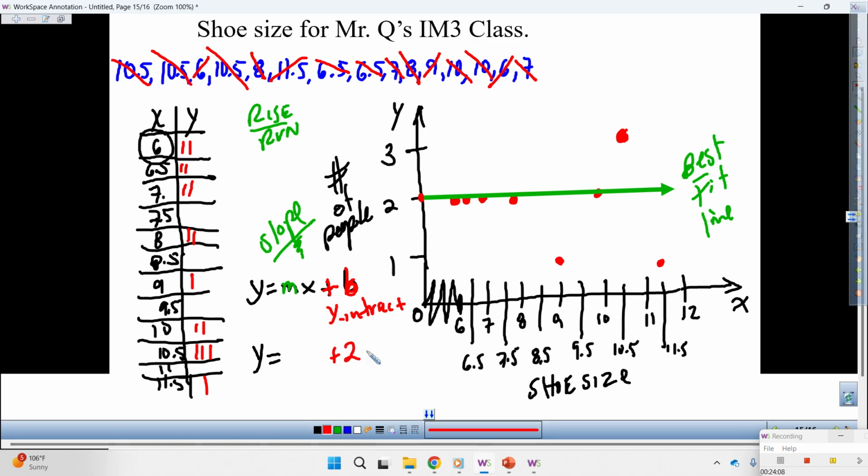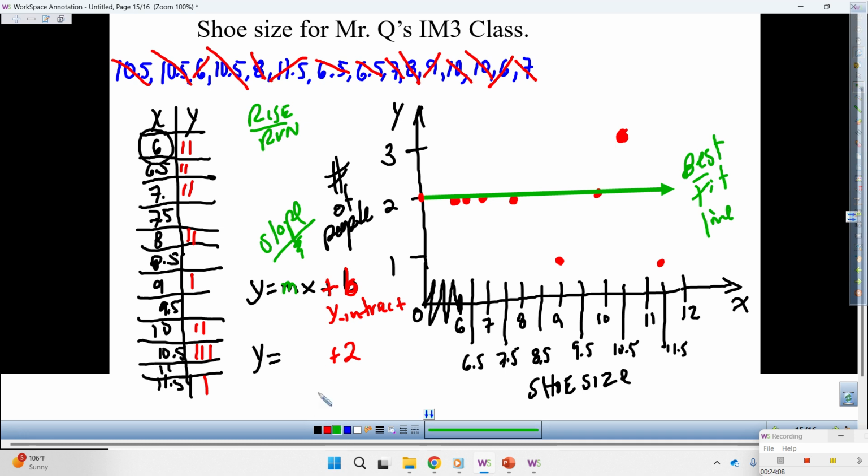What do you think? Undefined? Close. Undefined is when a line goes straight up, kind of like if you're on a skateboard, you put the skateboard on the line like that. Since it doesn't have any grip, it just falls straight down because it doesn't have any either rise or run. This is called a what? Zero slope. Zero slope.